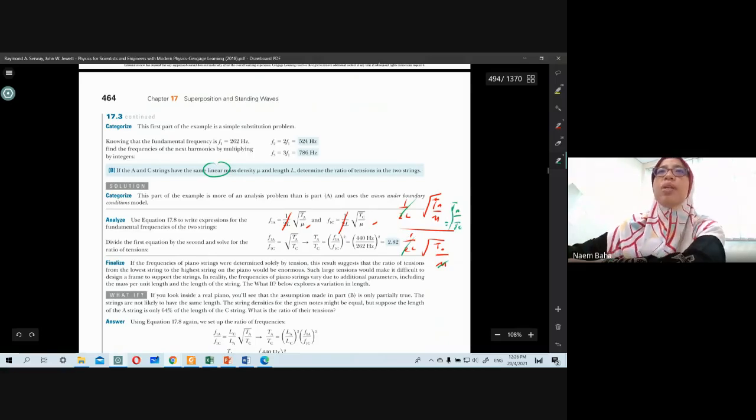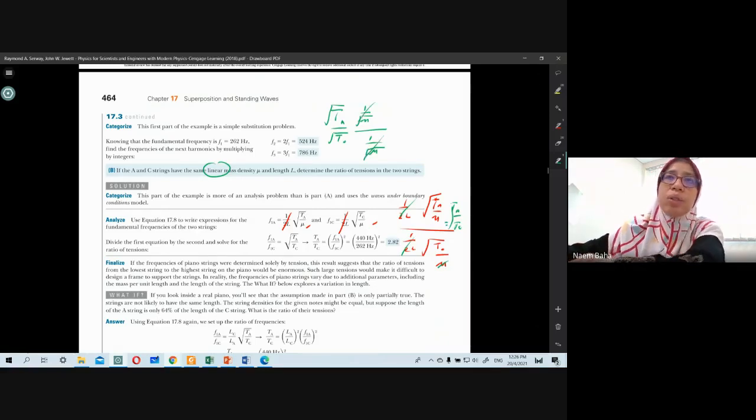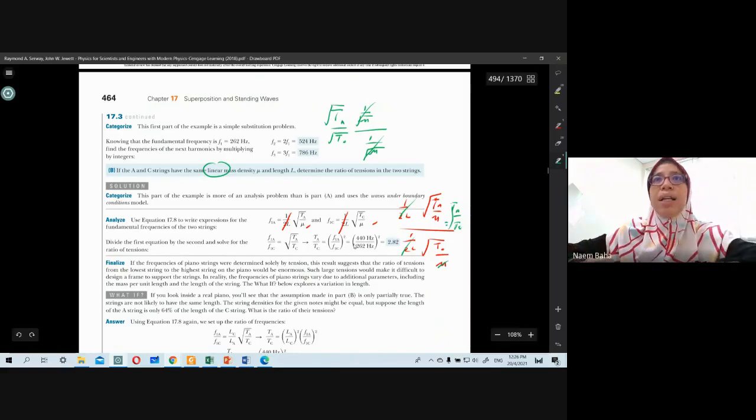You will find up here as well 1 over the square root of mu, divided by 1 over the square root of mu, so you can take away 1 over the square root of mu, leaving it as such.